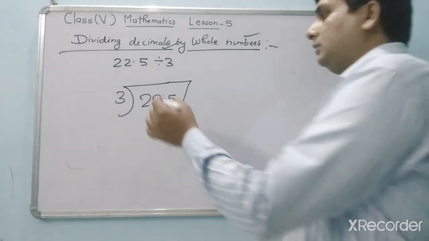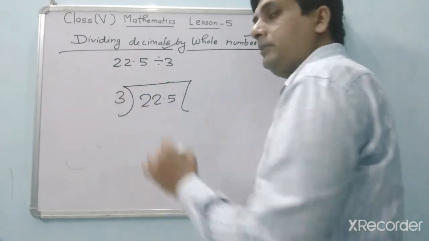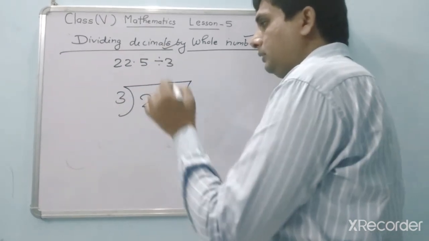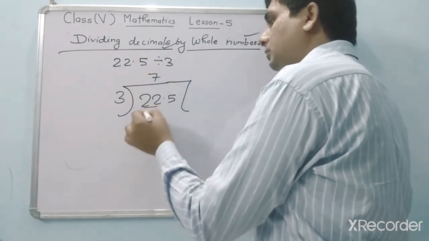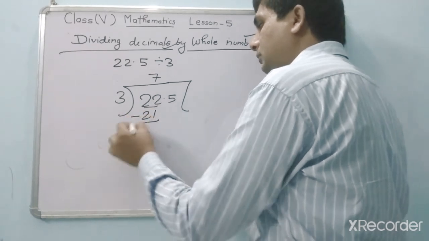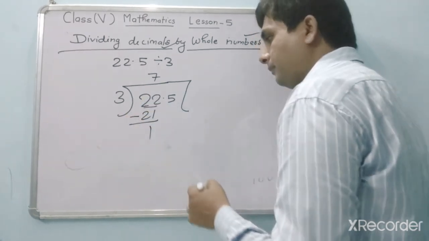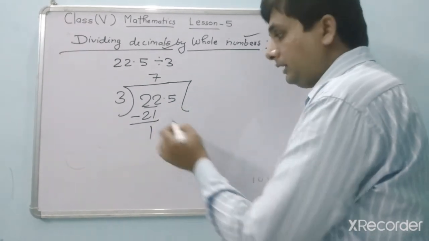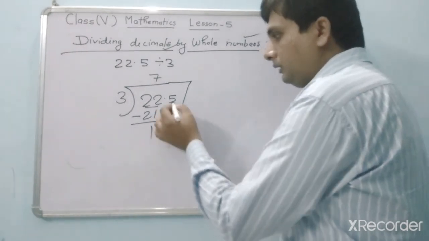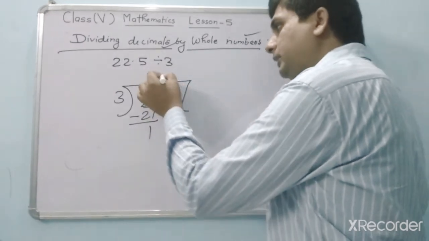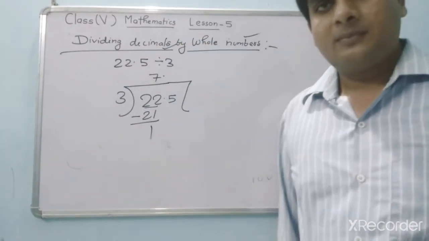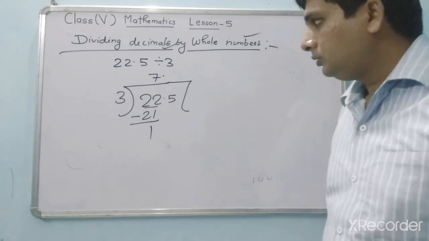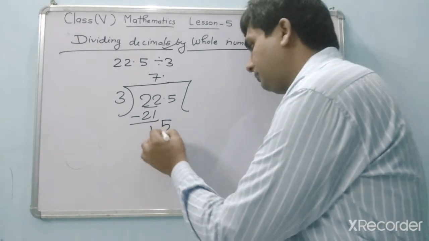So start. 2 cannot be divided by 3, so we will take 22 together. 3 sevens are 21, minus, what will be here? 1. Then you see after that the decimal is here. After 1, before 5, there is the decimal, so put the decimal here. Understand? Now you can write 5.